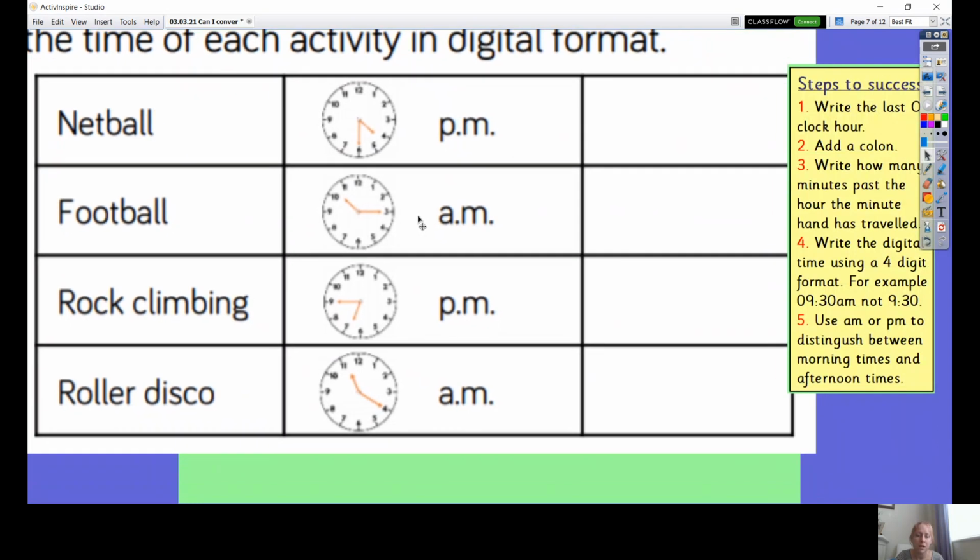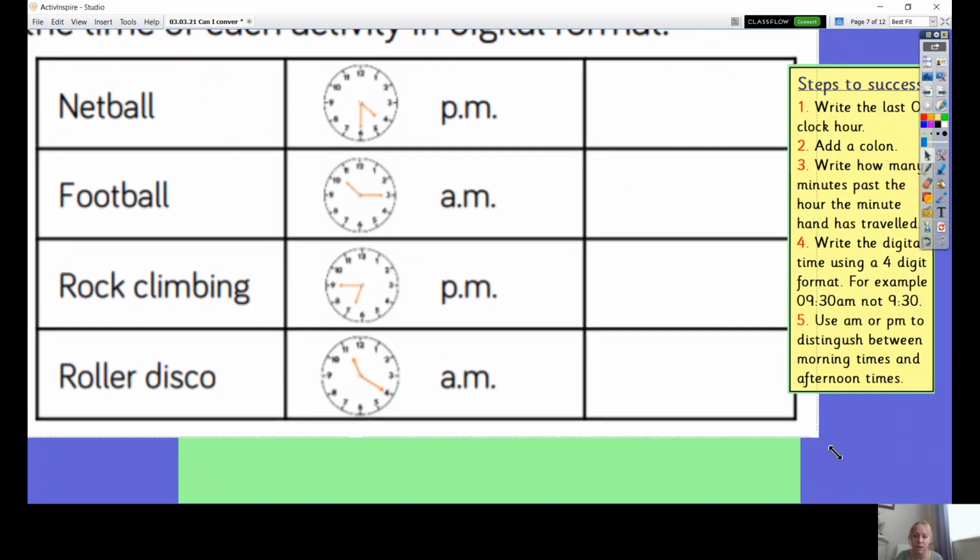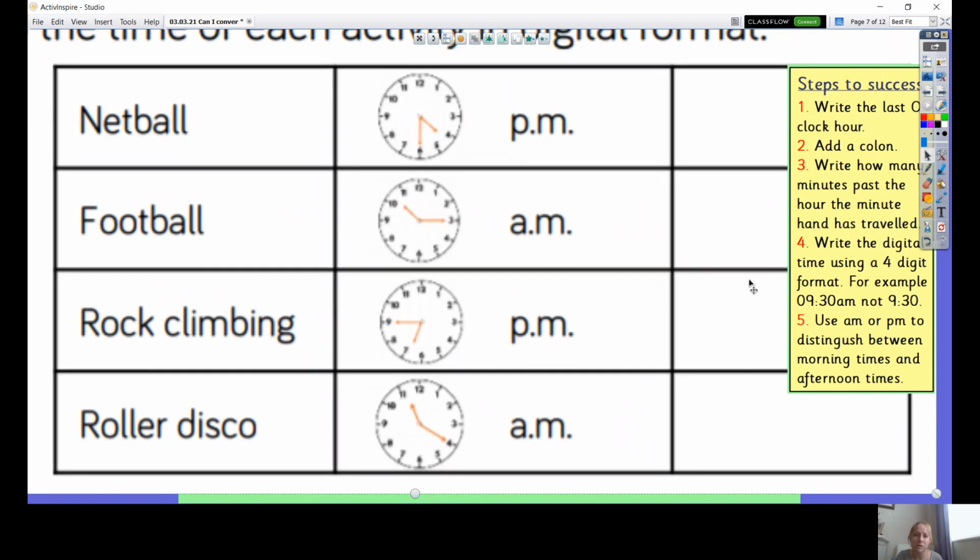There we go. So we've got netball, we've got football, we've got rock climbing, and we've got a roller disco. Okay, so all of those things, and they're a bit blurry, but you know what numbers they are on the clock anyway, don't you? So can you record those, and it tells you if it's AM or PM, nice and clearly for me, and then we'll come back together in a second. Off you go.